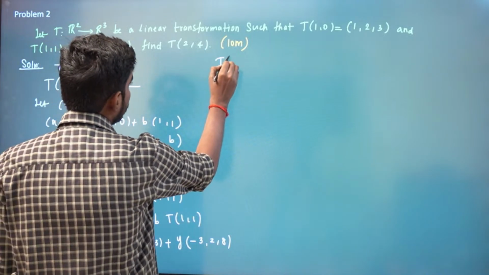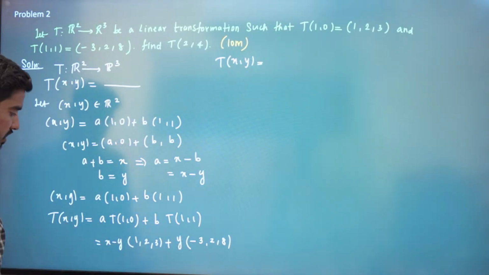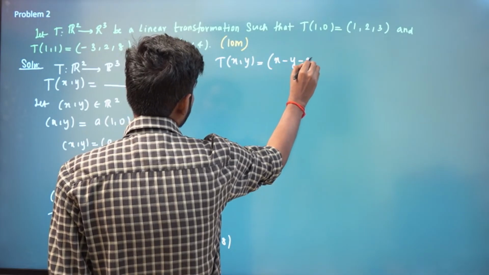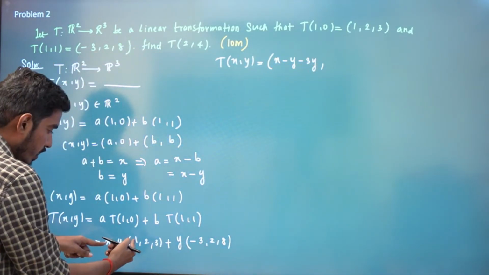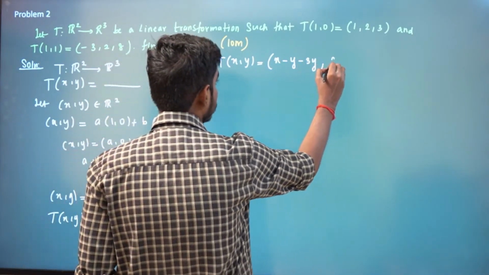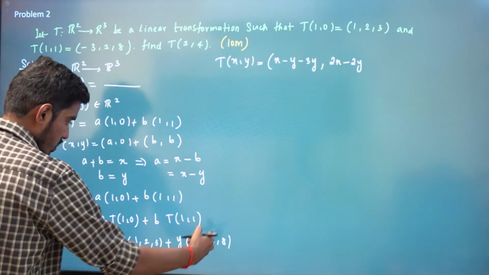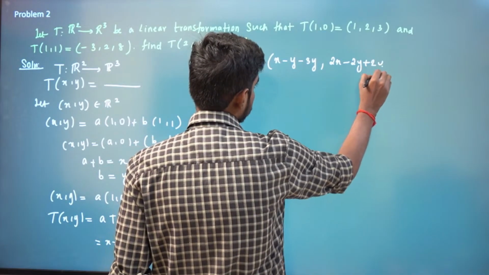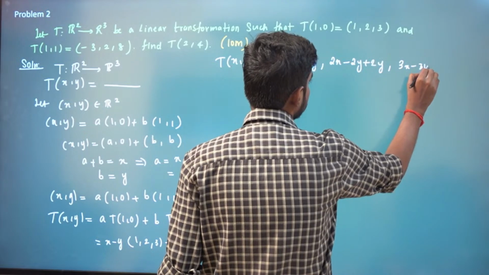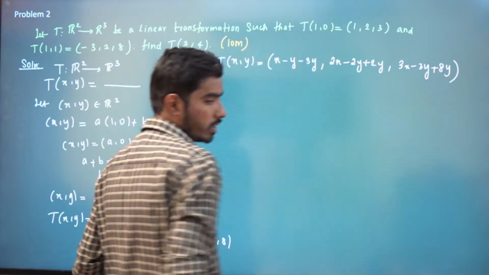So T(x, y) is, you just add the corresponding components: ((x - y) - 3y, 2(x - y) + 2y, 3(x - y) + 8y).